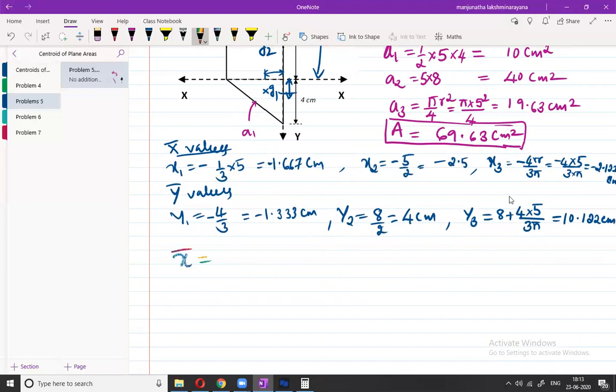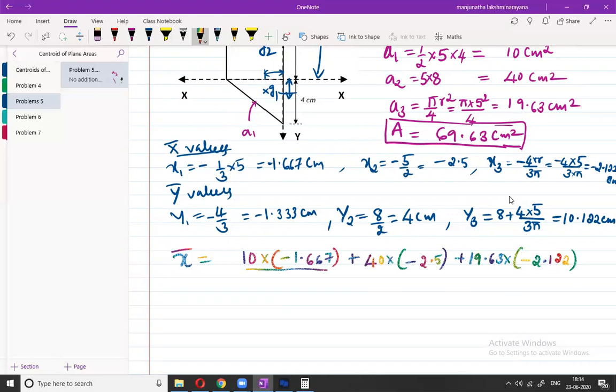X bar is equal to, A1 is 10, A1 into x1 is minus 1.667, plus A2 40 into x2 minus 2.5, plus A3 is 19.63 into the distance x3 which is minus 2.122, right?